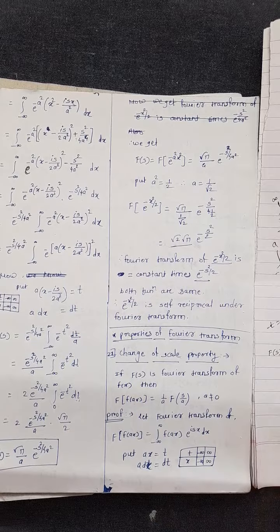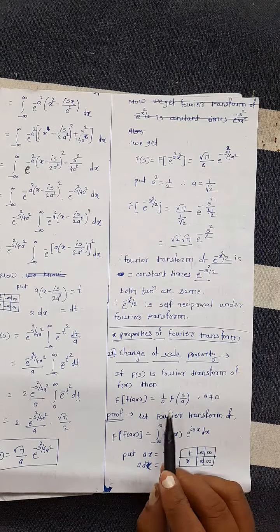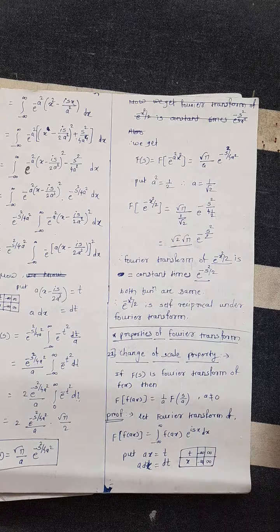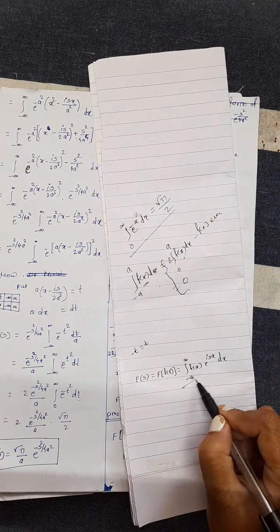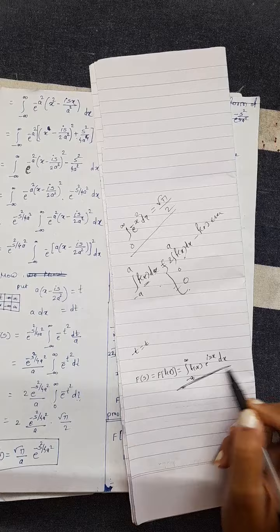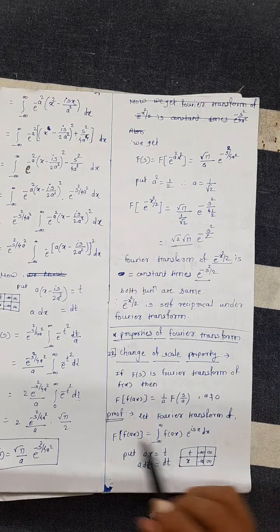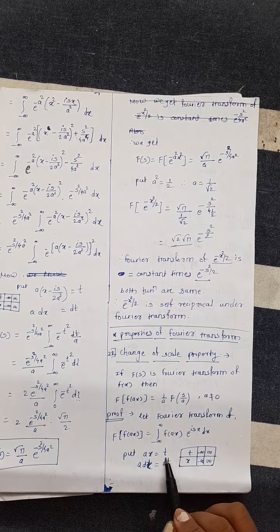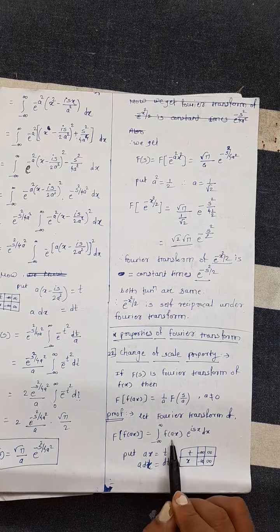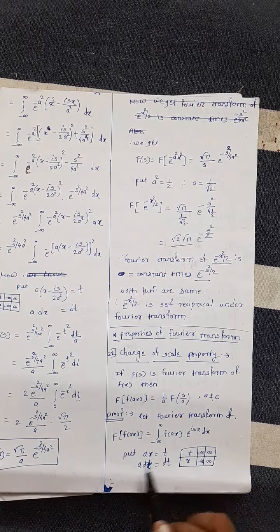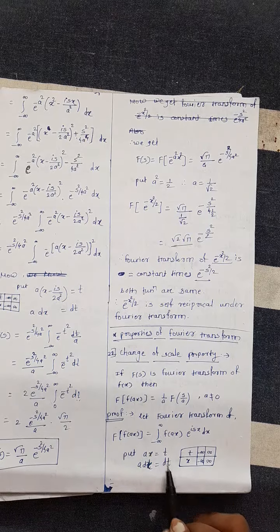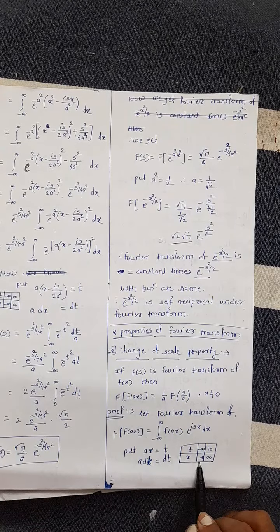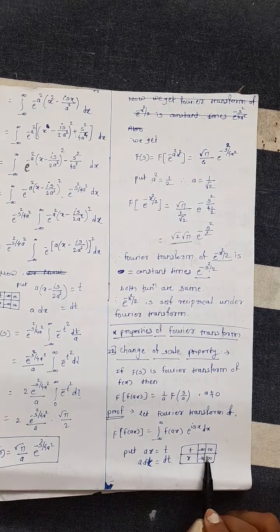Now what is our main aim? We have to solve this integration to get the original Fourier transform. That's why obviously we have to put ax is equal to another variable t. Put ax is equal to t. Take derivative on both sides. a dx is equal to dt. Limits are same, minus infinity to infinity; new limits are also minus infinity to plus infinity for t.